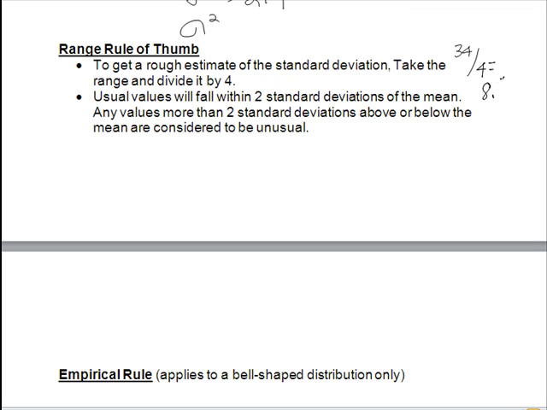The second part of the range rule of thumb is actually the one that I feel is more important. It says usual values fall within 2 standard deviations of the mean. Any values more than 2 standard deviations above or below the mean are considered to be unusual. So let's look at our mean in the example we just looked at.